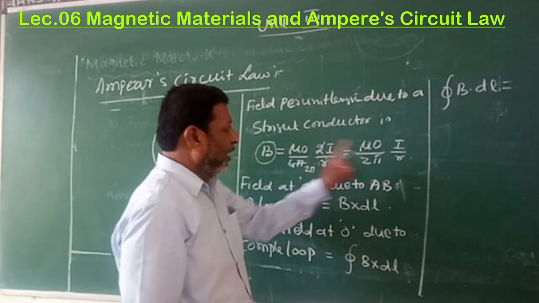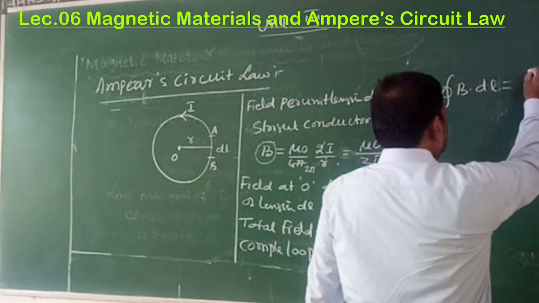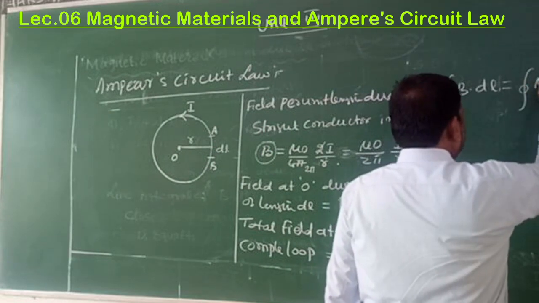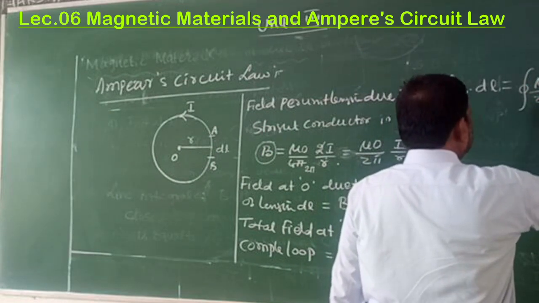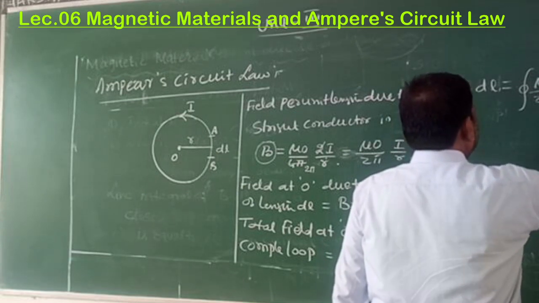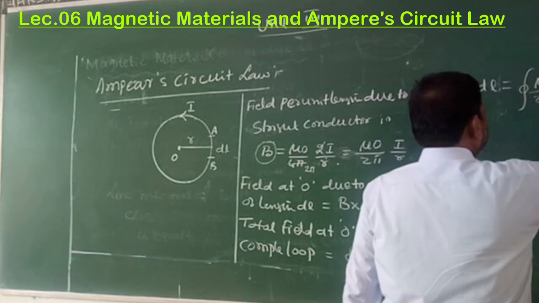Instead of B, I write this much here. So this is the line integral of mu naught divided by 2 pi, I divided by r, into dl.